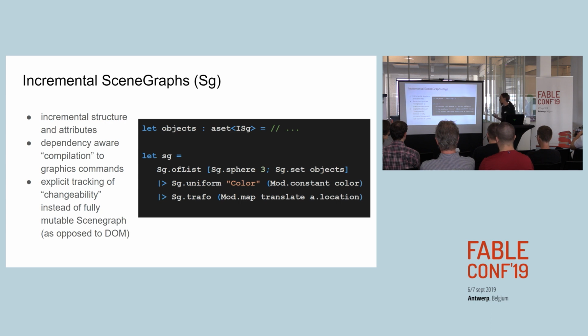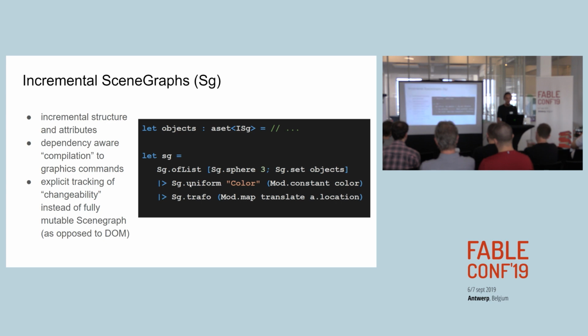So you could, for example, have an adaptive set of some scene descriptions, and inside the scene you can use it via combinators that actually take care of how things are added, things are removed, or things change. And there's always the constant parts like the sphere here. So the list basically takes the sphere and the dynamic set of objects and just groups them together.